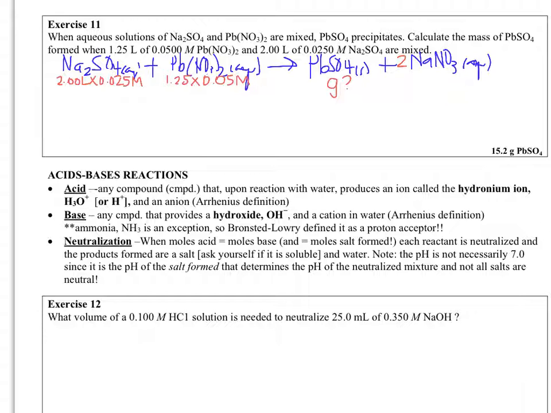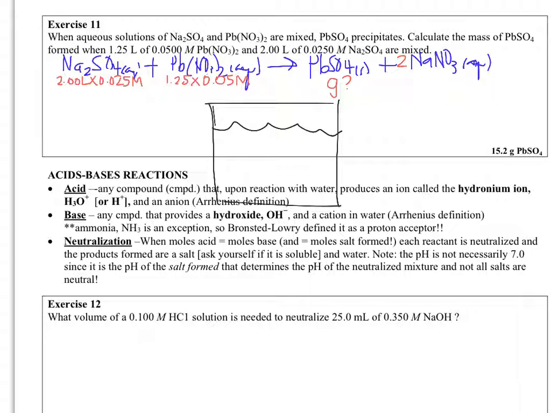So we have 1 container, and in that container we are adding 1.25 liters of this 0.05 molar lead nitrate. Sorry, it's not cooperating with me. So we've added 1.25 liters of lead nitrate and 2 liters of 0.025 molar sodium sulfate.